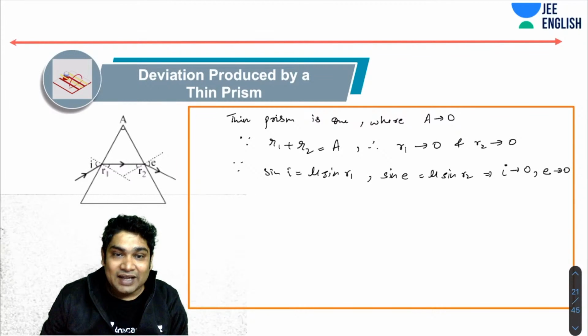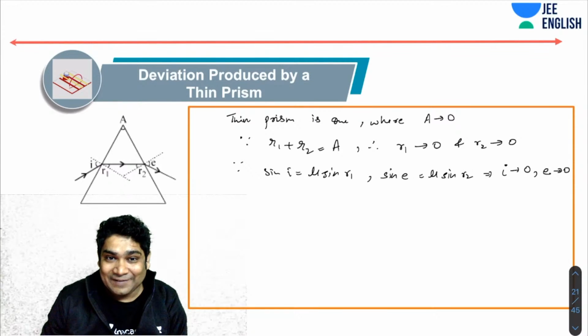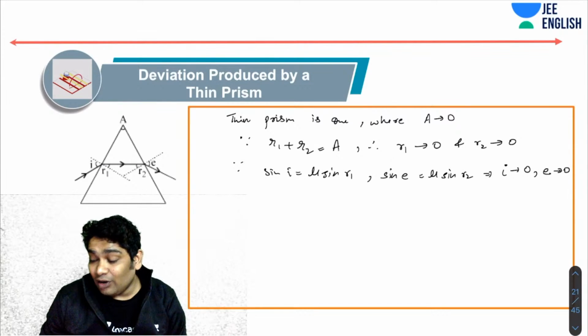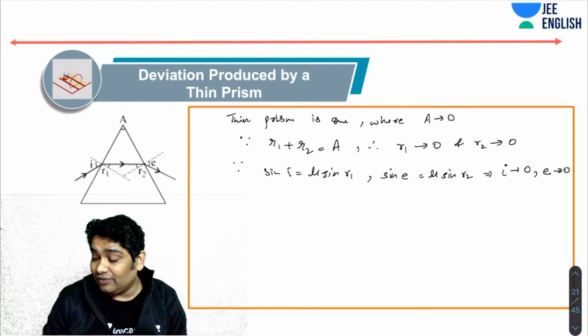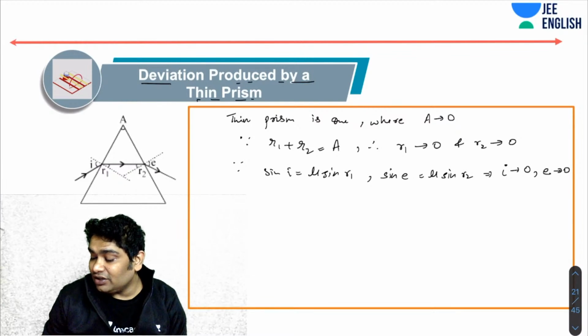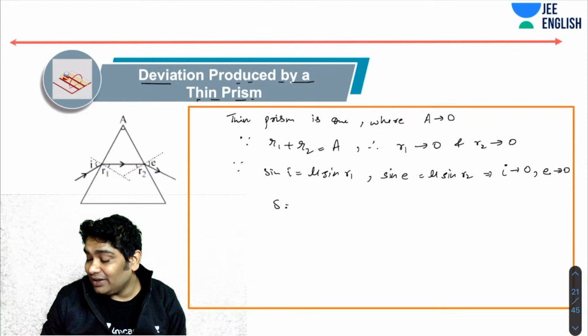So for thin prisms, I can assume that all the angles related to the prism always tend to 0. Now, if I wanted to find the deviation produced by a thin prism, then the deviation delta I know is simply I plus E minus A.